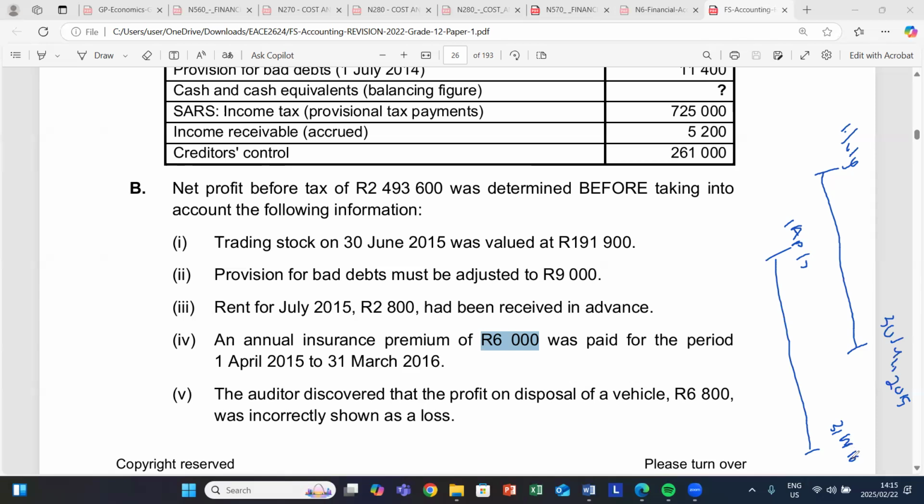Then after doing this, what is our next step? We're going to calculate from June to March. Or how much have we paid as a prepaid expense? We start from June.